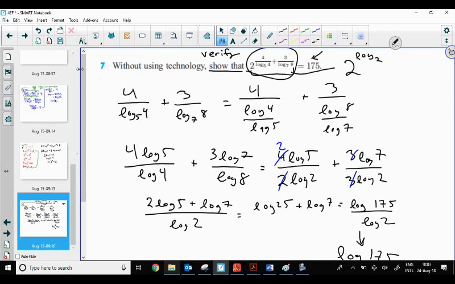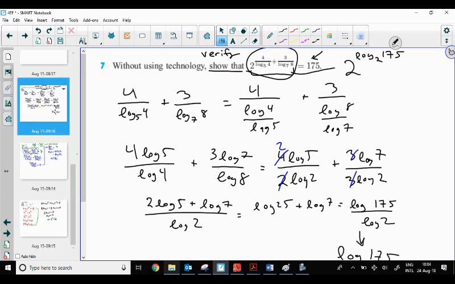So we've got 2 to the power of log base 2 of 175. And if we use one of the identities that we saw earlier, we know that that is going to be equal to 175.